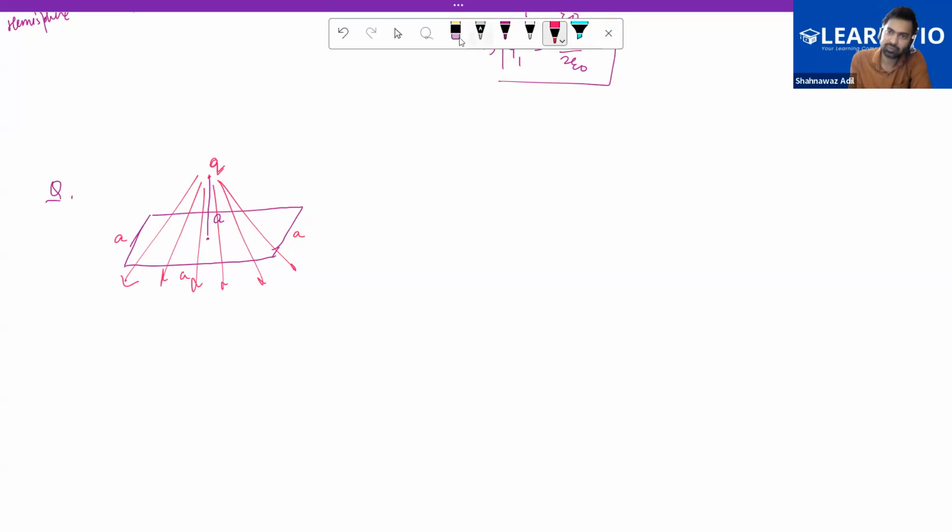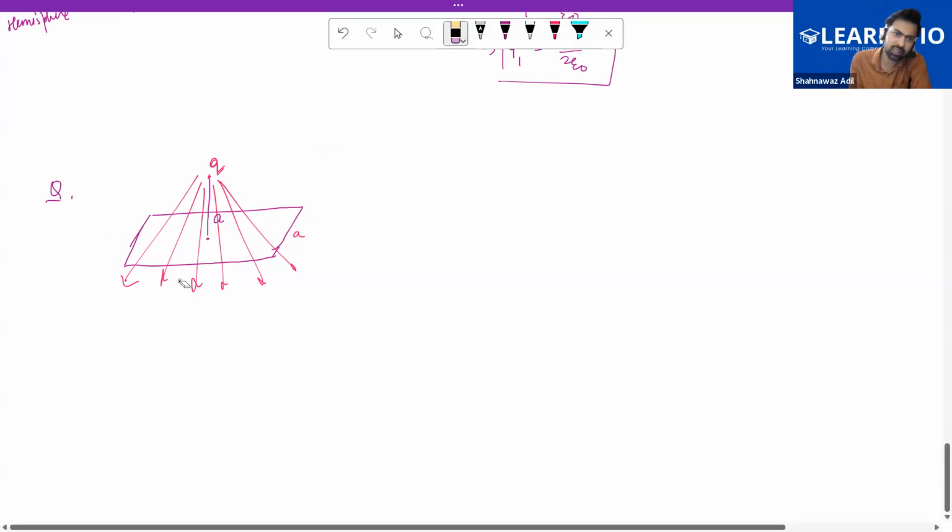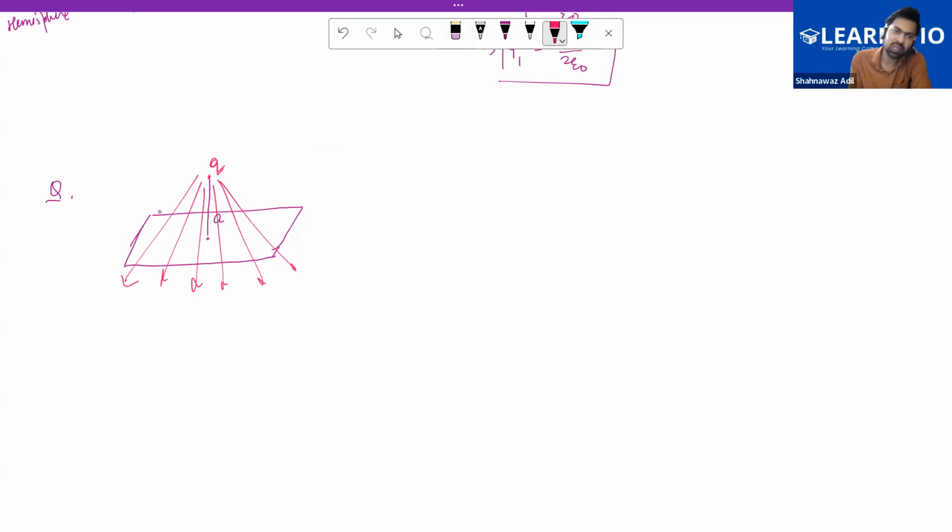The side could be different, but this is a square sheet. If I want to make this sheet a closed surface, what will I have to make?